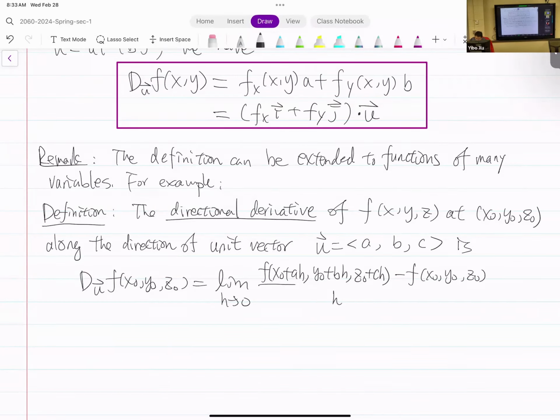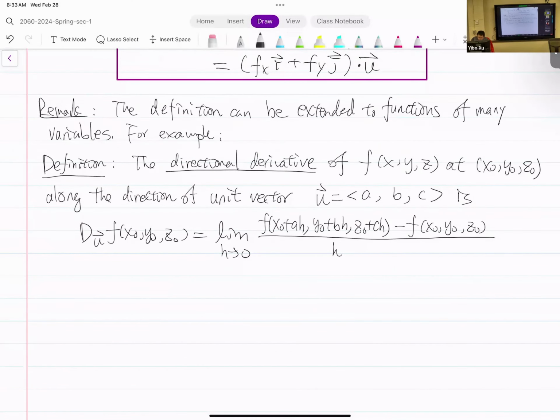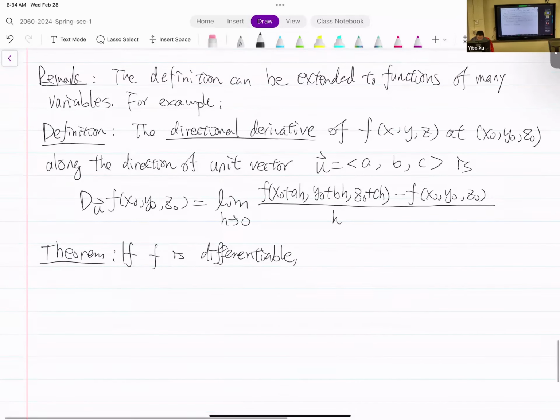Okay, so we just introduce one more entry to the definition here, and of course, you can expect that the final result for the formula of the directional derivative is going to be the same idea. Okay? Theorem. If f is differentiable, then the directional derivative of the function f at the point x0, y0, z0.